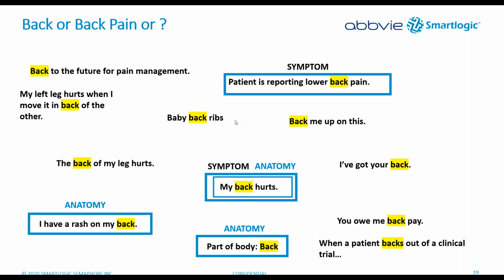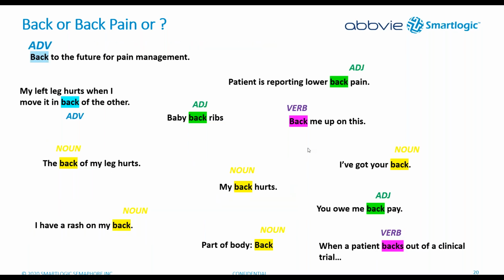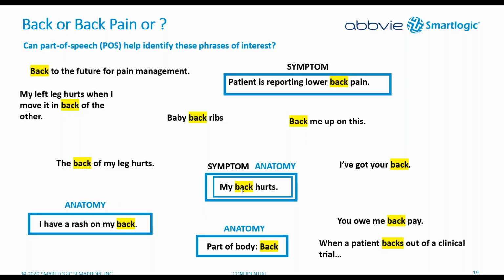But you don't want baby back ribs, and even other clinical terms, like the patient backs out of a clinical trial, or the back of my leg. I don't want the back of my leg. I want the back as the anatomy. So you think, well, maybe part of speech can handle it. It's like, well, the back is a noun, right?